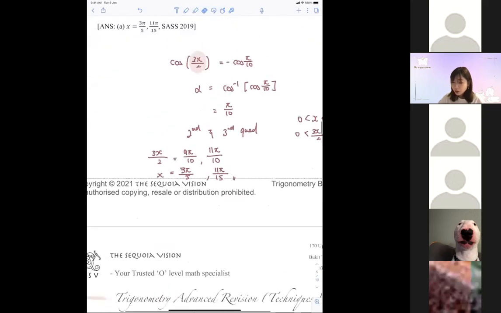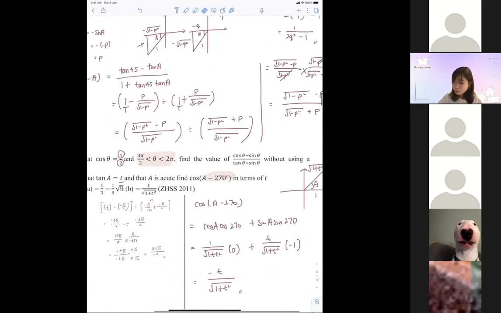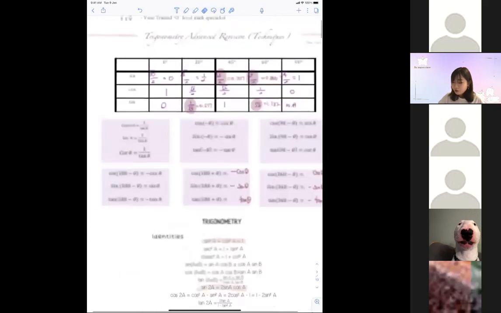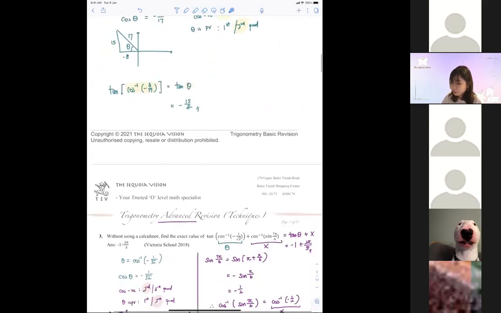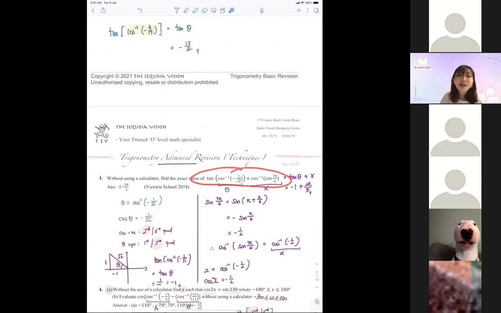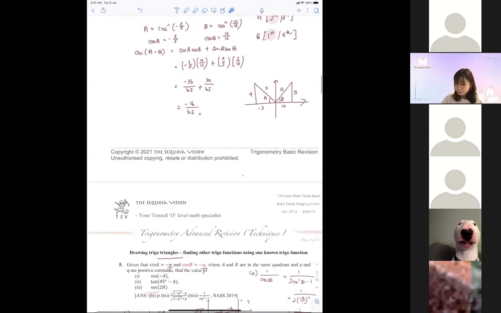Okay. Now, just to recap what we do, okay? First type of question, principal value. As long as it's this kind, they say don't put calculator. And you know that this, you can get the value using calculator. That is your principal value.